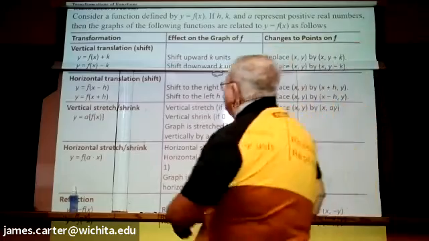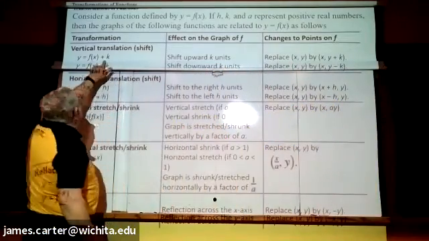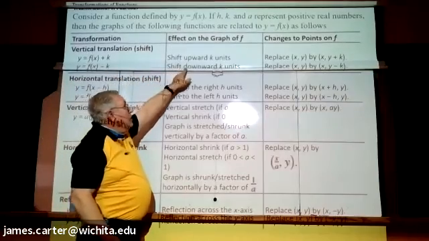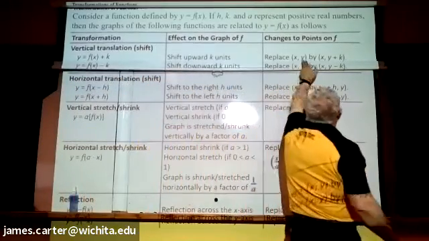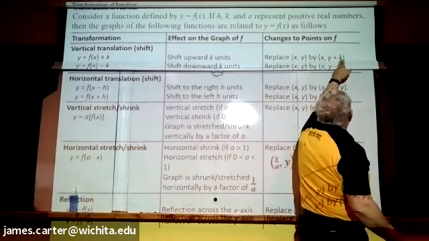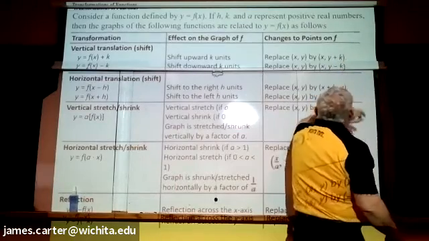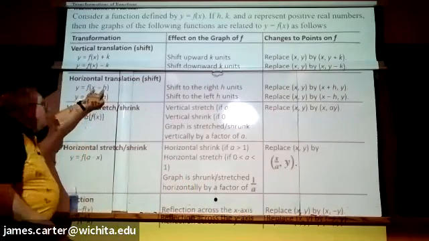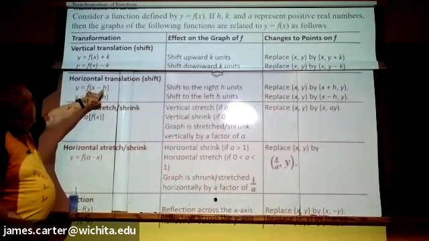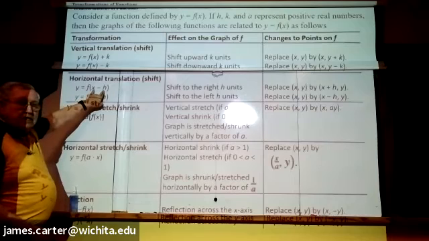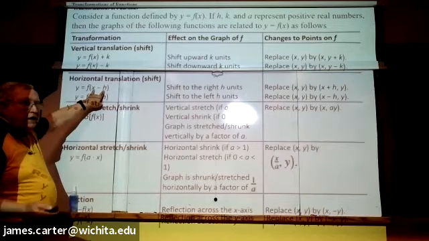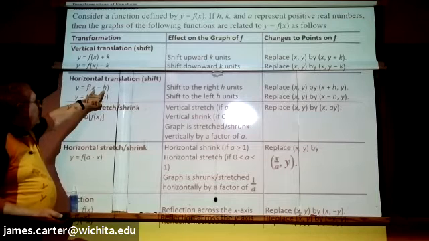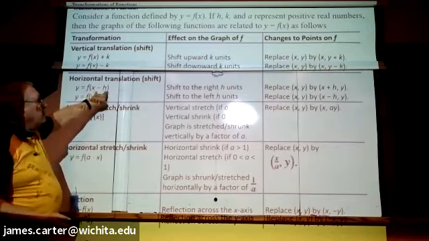Okay, going back to the other day, remember if we add something externally, it shifts it upwards or downwards. In other words, we replace the y value with y plus how much up or y minus how much down. Okay, if the number is inside a parentheses, inside a radical, inside an absolute value, then it's going to shift it left or right.